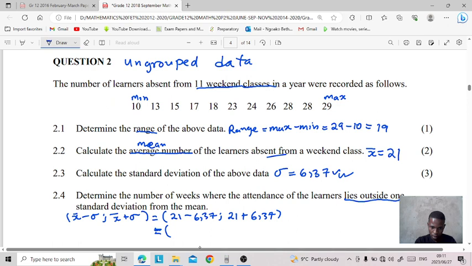And the upper limit, 21 plus 6,37, we get 27,37.